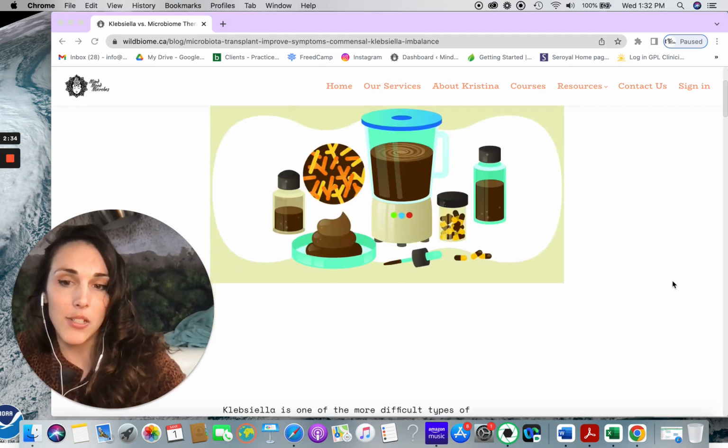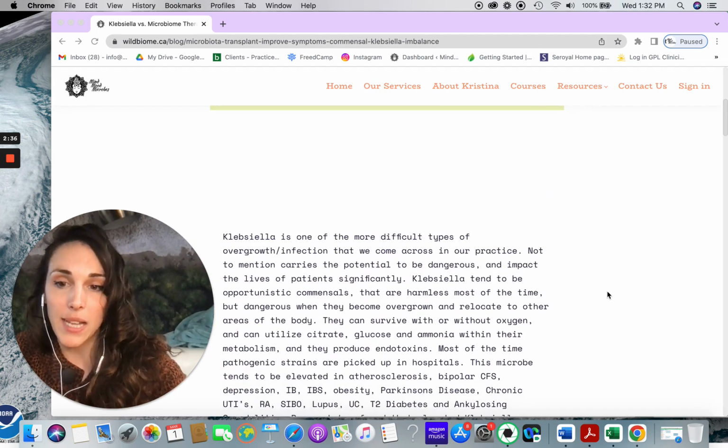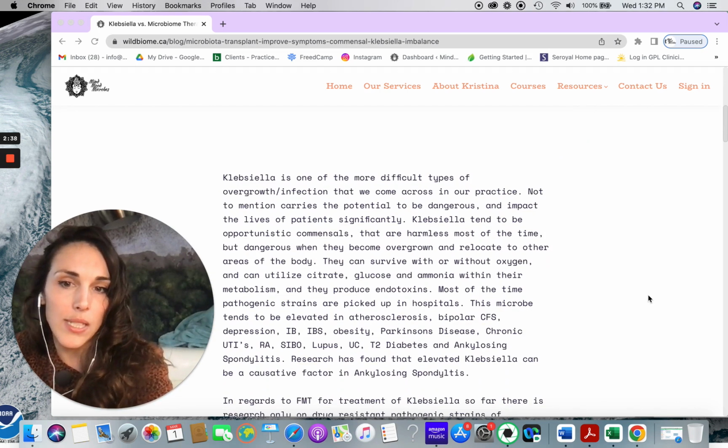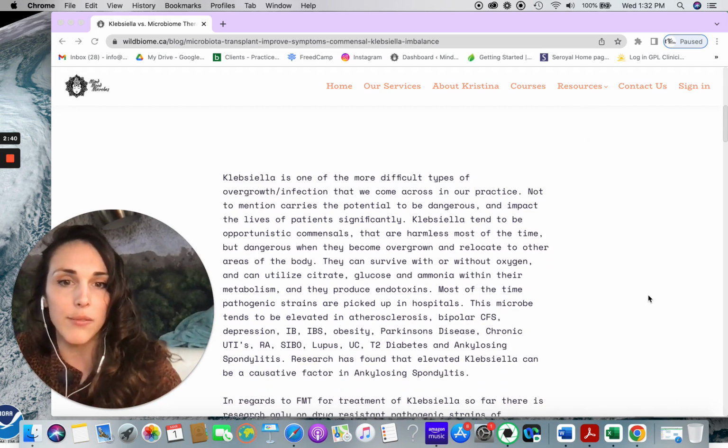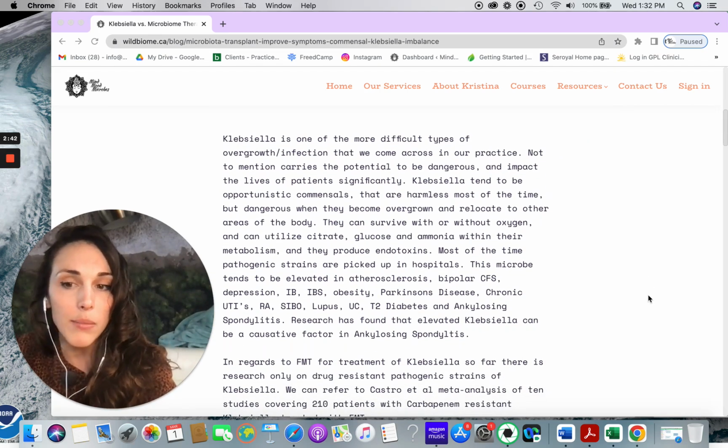When we look at the research, there are a number of meta-analyses, so reviewing the quality and the outcomes of these clinical trials where Klebsiella is being treated with FMT.